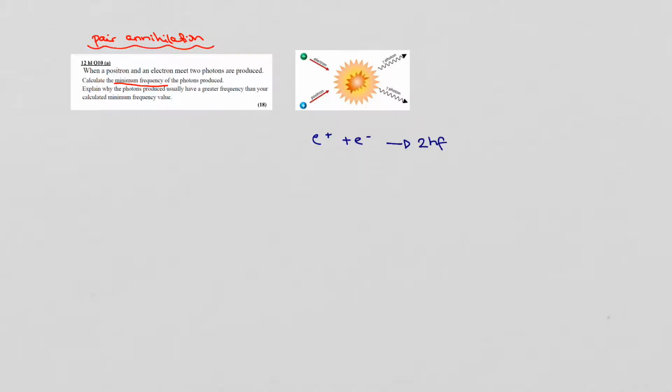So obviously a photon is a packet of energy, and we have to remember that the energy of a photon is equal to hf. In the question it says, what is the minimum frequency of the photons produced? We're going to have 2 photons produced, but we're only looking for the frequency of 1. The energy of the 2 particles together would be E equals 2mc squared, and then that would be converted into 2hf.